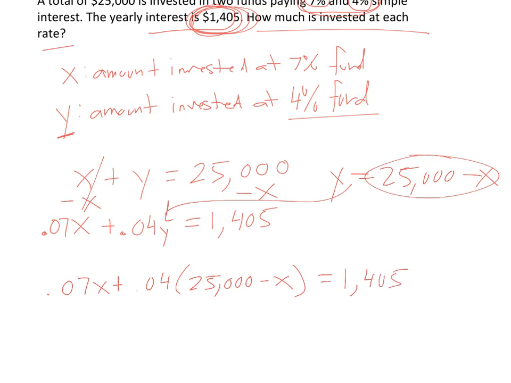And I'll distribute here. So I'll get 0.07X plus 1,000 minus 0.04X is equal to 1,405.